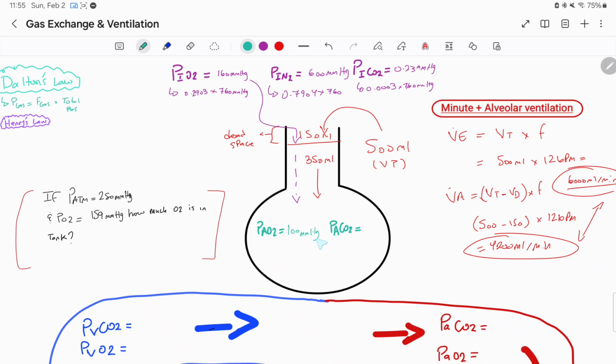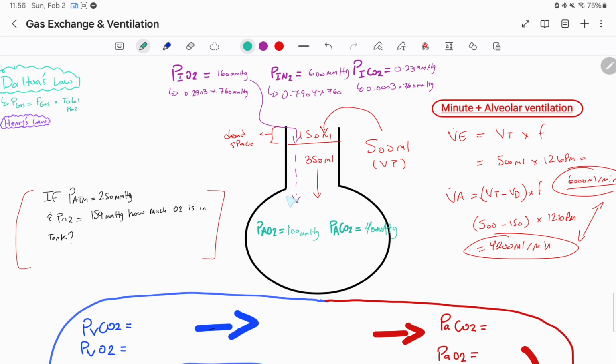Anyways, it drops to about 100, and the partial pressure of the alveolar CO2 is about 40 millimeters of mercury. All of the units here, by the way, are going to be in millimeters of mercury when we talk about pressures, so I'm just not going to write down the units anymore. You might be asking me why it drops. It's a little bit of a complex answer, and I'm not going to go through it, but it has to do with the anatomical dead space that exists.